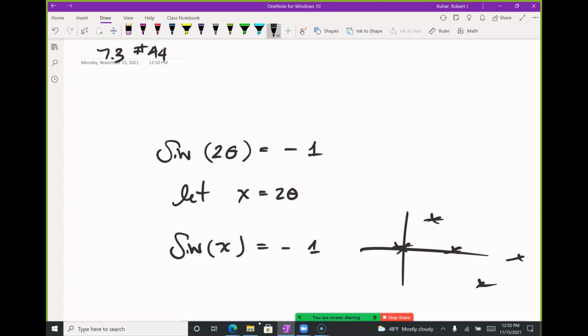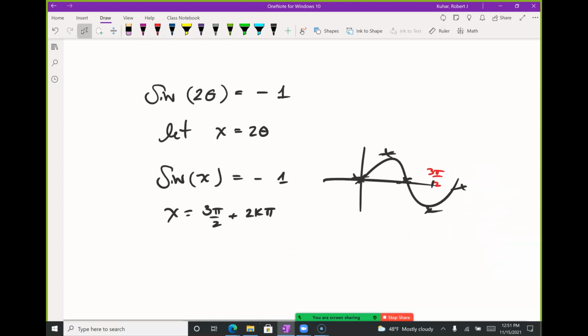So x equals 3 pi over 2 plus 2k pi, right? So the first time sine equals negative 1, it's 3 pi over 2. And then I go around the circle again, so I add 2 pi once, I get another answer. Add 2 pi twice, I get another answer. Add 2 pi 3 times, I get another answer. So there's my 2k pi.